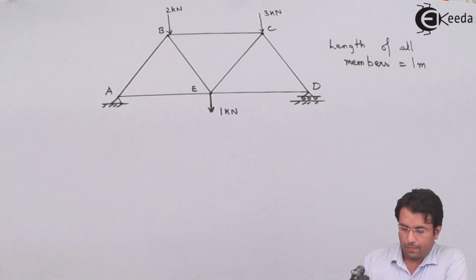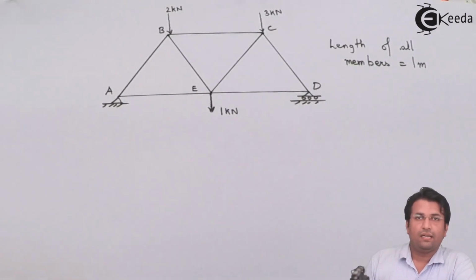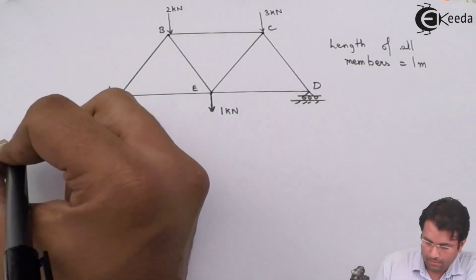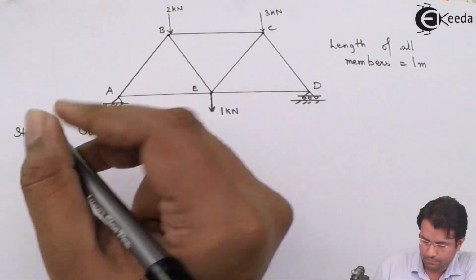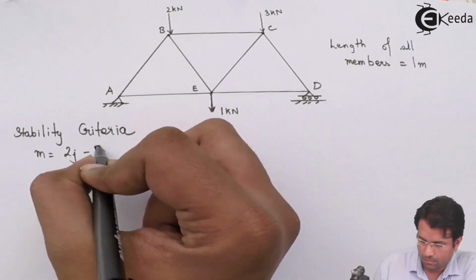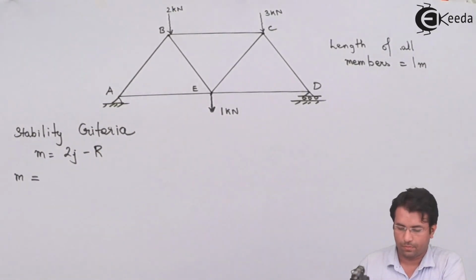Now you can see that this truss has more members and more forces acting on it. The first step, as you might remember, is to check the stability. What are the number of members?